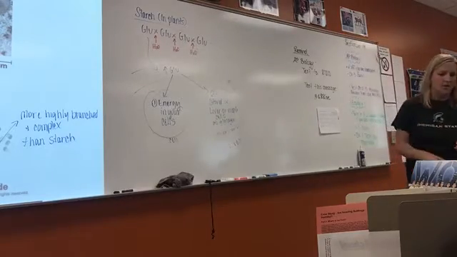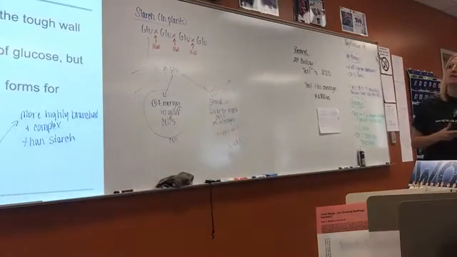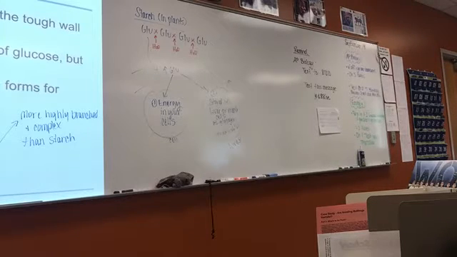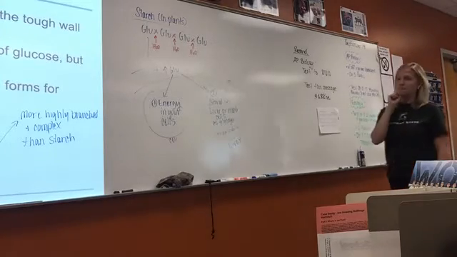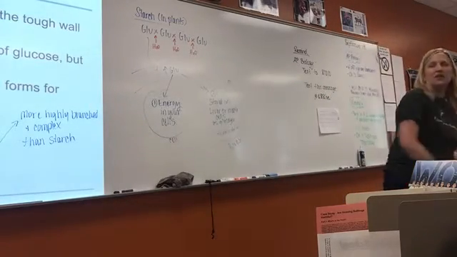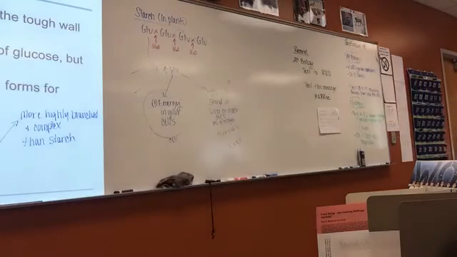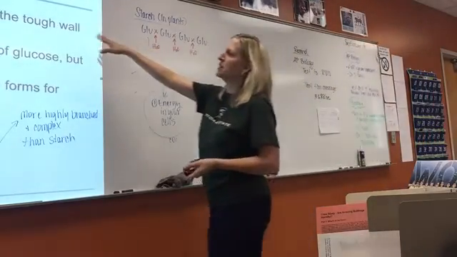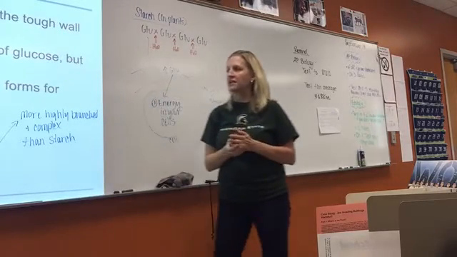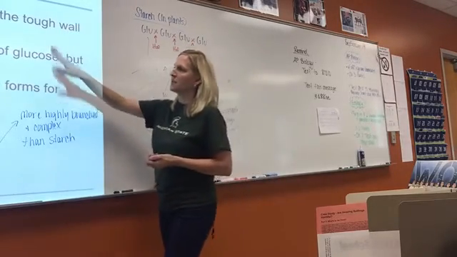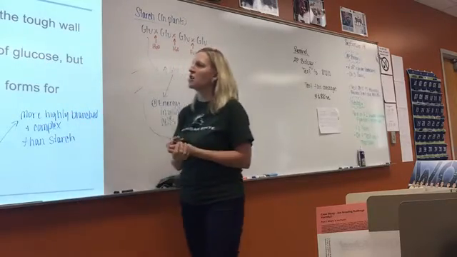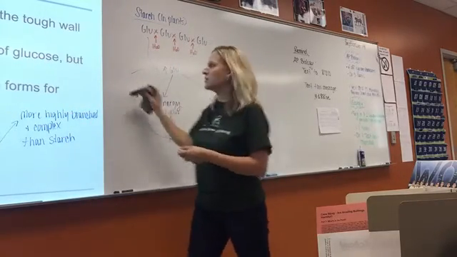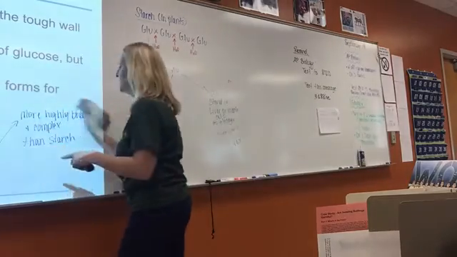All right, and so that's your storage polysaccharides, when you're really storing glucose, your energy source. So then there are two other polysaccharides, and they are under this category of structural polysaccharides. Cellulose is one. Cellulose is a major component of the tough wall of plant cells. So this is also in plants, but like starch, cellulose is also a polymer of glucose, but the glycosidic linkages differ.